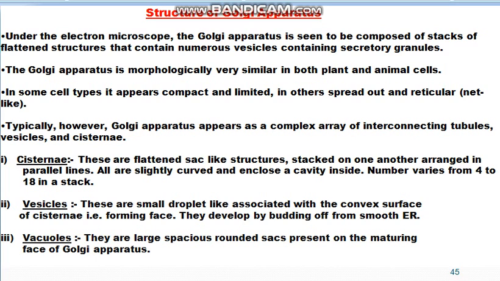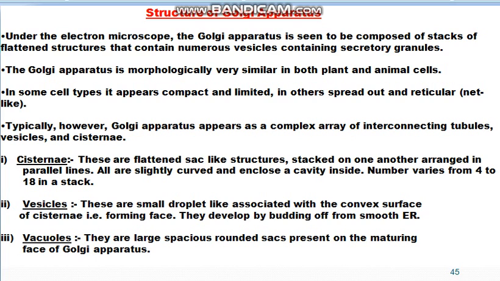The Golgi apparatus is morphologically very similar in both plant and animal cells. In some cell types it appears compact and limited, and in other cells it appears spread out and reticular, that is, in the form of a net.